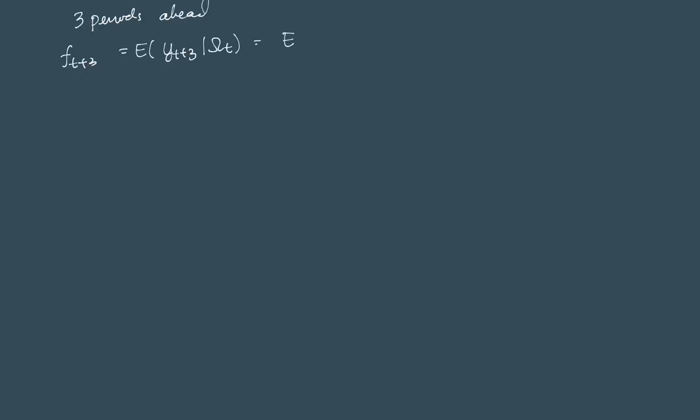That's the expected value of mu plus phi 1 yt plus 2, plus phi 2 yt plus 1, plus phi 3 yt plus ut plus 3, conditional on omega t.